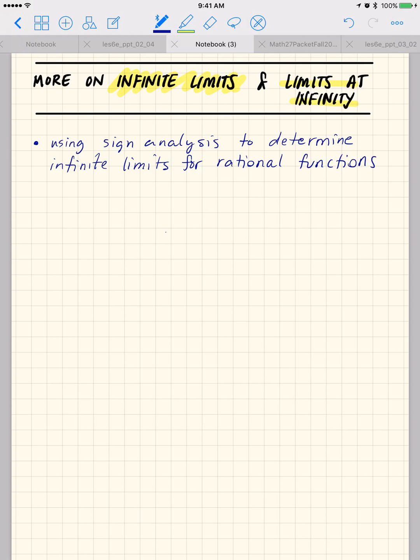So let's just start off with an example. And our example is going to be to find the limit as x approaches 1 from the right of 2x divided by x squared minus 1.